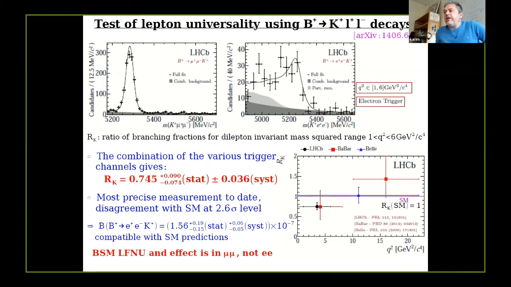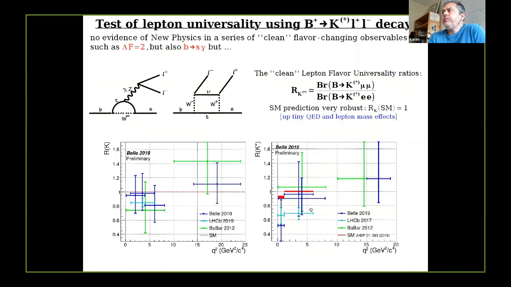So you have a central value a little bit more than 2 sigma away from the prediction of 1. By itself, it's not sufficient to claim observing a strong deviation, but accumulated with what we have seen for K star LL, it starts to be quite interesting.